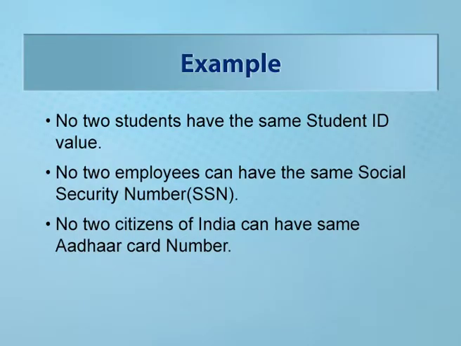While defining the column in the table, you have to put that restriction into the table at the time of preparing that query. Another example is that no two citizens of India can have the same Aadhaar card number. So, in this way we can give the integrity constraints in the tables.